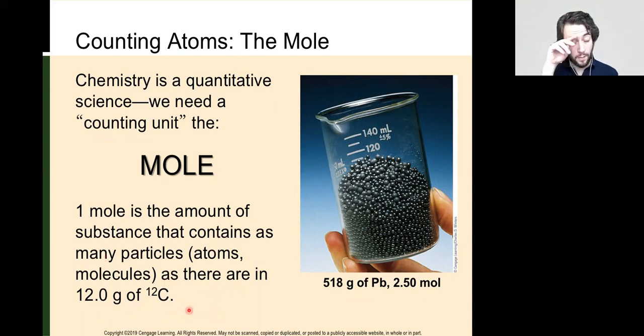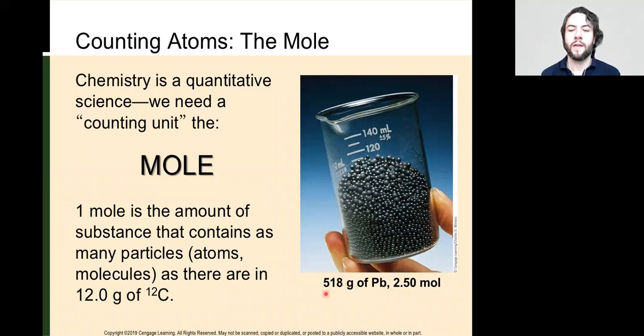So this is where Amedeo Avogadro got his value of 6.02 times 10 to the 23. It is the number of particles that are in 12 grams of carbon-12. So for example, here we have lead pellets.